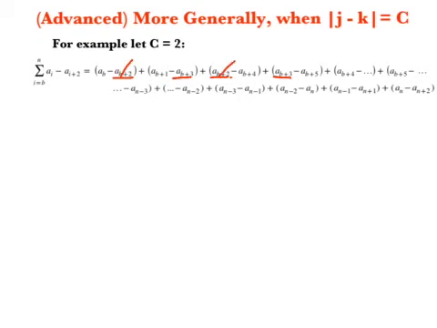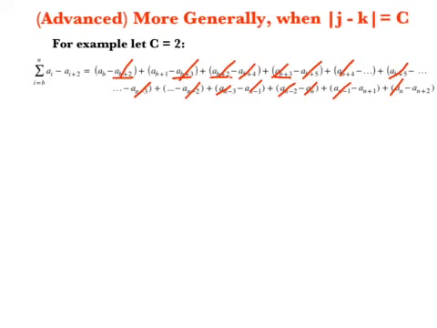So the b plus 2's cancel, the b plus 3's cancel, the b plus 4's cancel, the b plus 5's cancel, and so on. And now looking at the back half, the last couple terms of the sum, the n minus 3 terms cancel, the n minus 2 terms cancel, the n minus 1 terms cancel, and the n terms cancel.